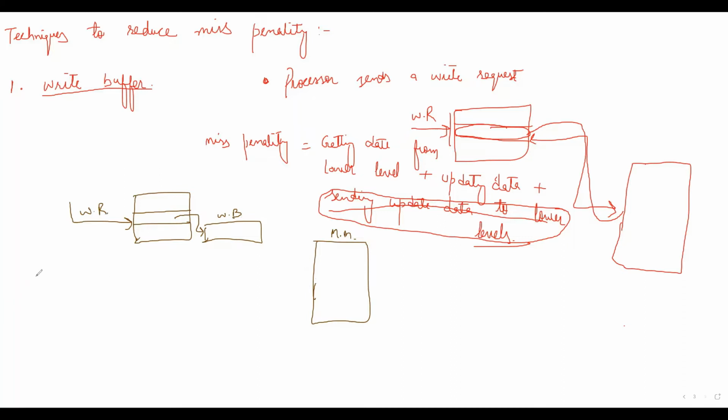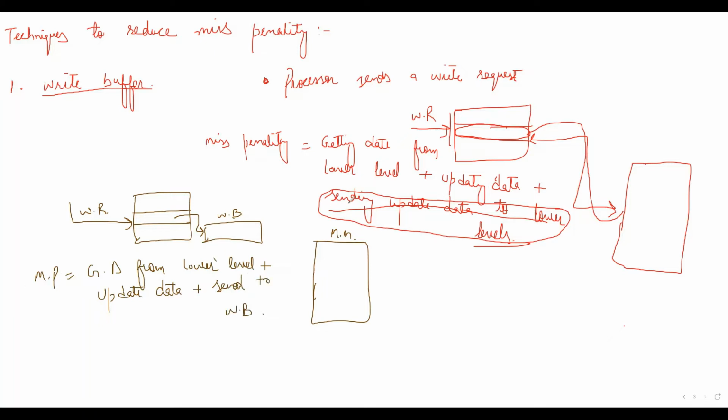Okay. So now our miss penalty will be get data from lower level plus update data plus send to write buffer.